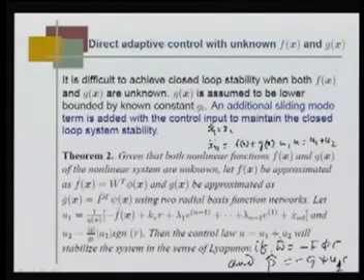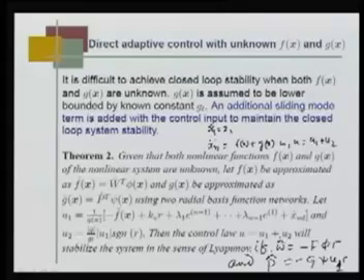U 1 has a feedback linearization controller structure, but it is adaptive because it consists of two neural networks, one approximating f x and another approximating g x. The other control signal, which we call the sliding mode term, is u 2, this particular term.